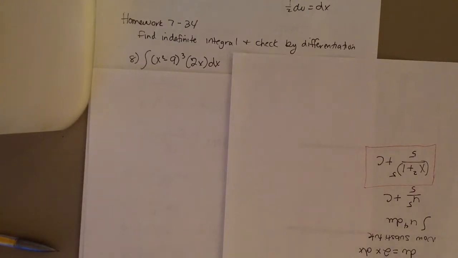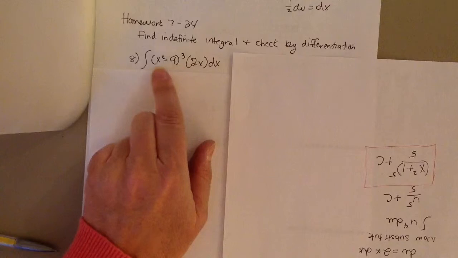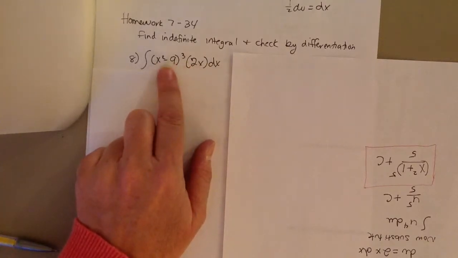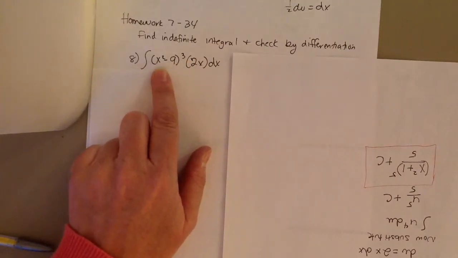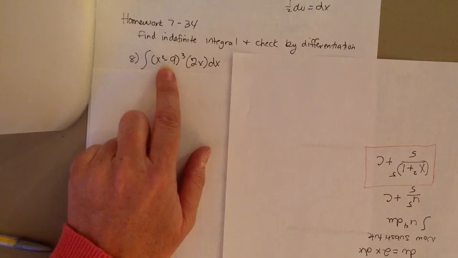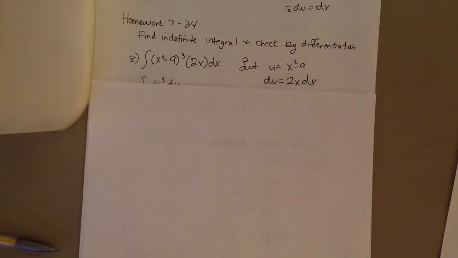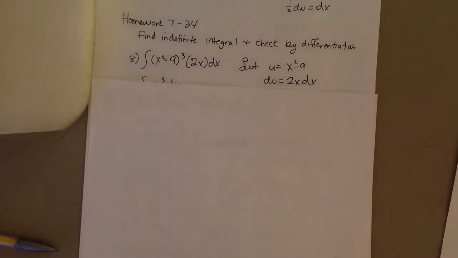So I'm supposed to integrate x squared minus 9 quantity cubed times 2x dx. I cannot integrate that. I don't know how to do that. And I don't want to multiply all that out to get individual terms. So I'm going to u-substitute this x squared minus 9 because I know when I take the derivative of it, I'm going to get a 2x because it goes down 1 power. So I'm going to let u equal x squared minus 9, in which du equals 2x dx.